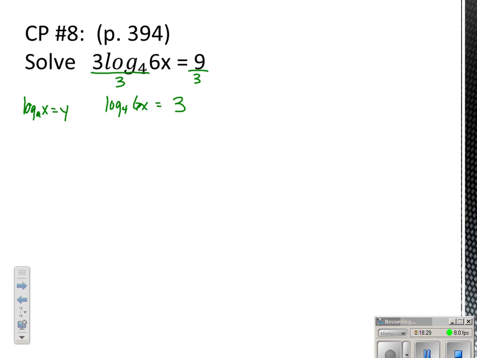So I'm going to play around with that one again. I would rewrite that one as x equals a to the y. So 6x equals 64, and x would end up being 32 over 3. Okay.